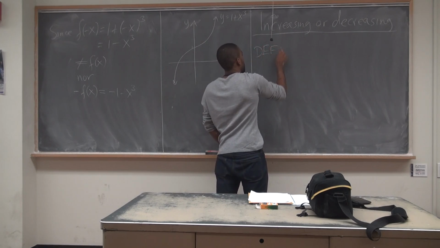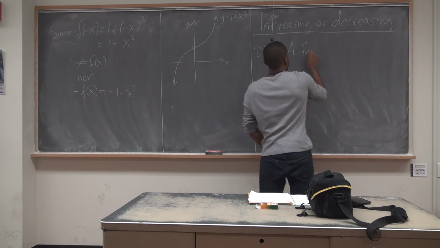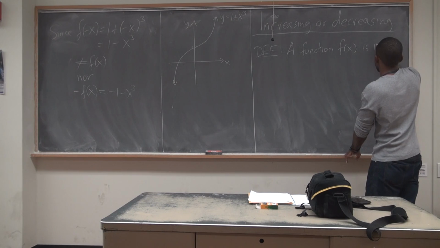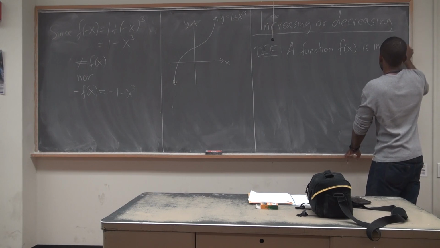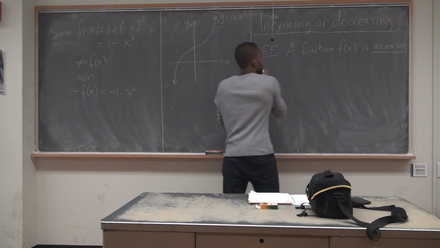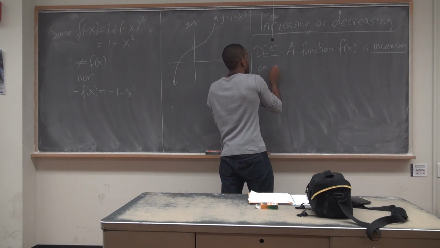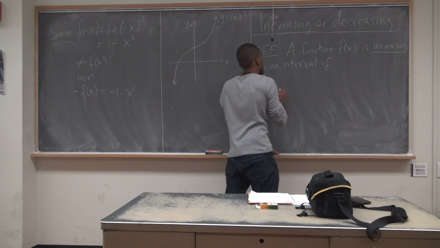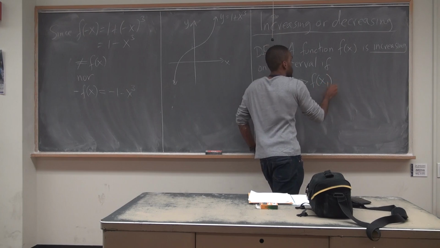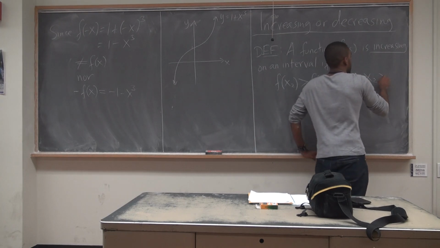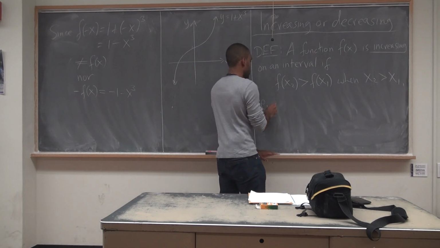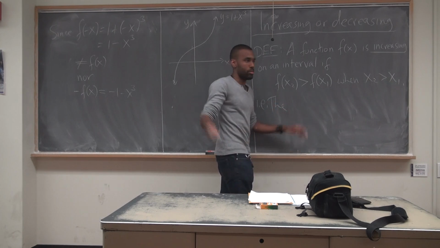Definition. A function f of x is increasing on an interval if f of x2 is bigger than f of x1 when x2 is bigger than x1, i.e., not to sound so mathy, the graph goes up as you move from left to right.